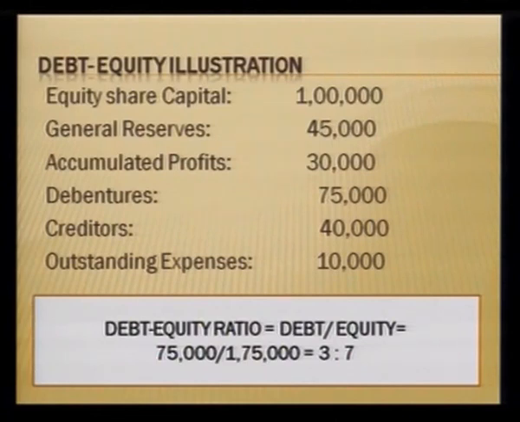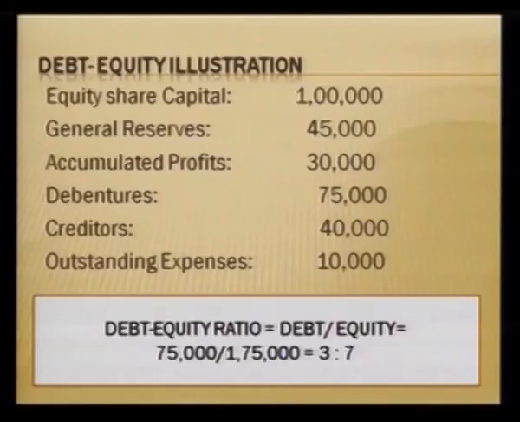Now debt to equity would be the total debt upon the total equity. In our example, we have to include only the long term loans. In this case, debentures are the only long term loans. The creditors and outstanding expenses are current liabilities, so we will not include them as part of our debt. So debentures account for only 75,000.